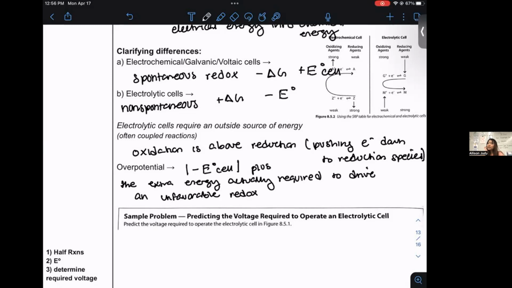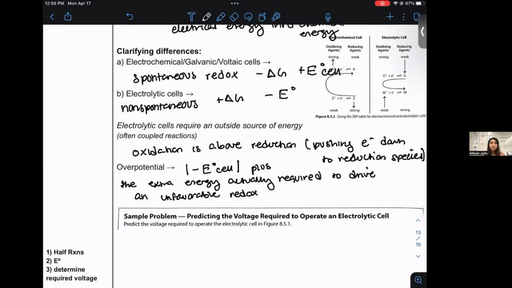Or you could put it another way: it is the difference between what you think it'll take at the bare minimum versus what it actually takes. And it always takes more than you think, because some of that energy gets lost through the circuit. So you're always going to need to provide it with more energy than is necessary in order to drive that reaction. But the magnitude of the negative E naught cell is the bare minimum.